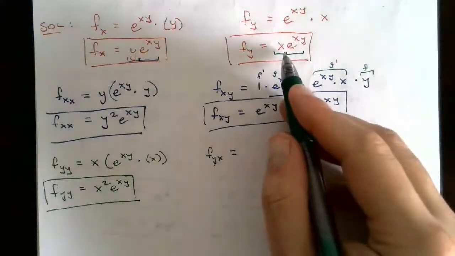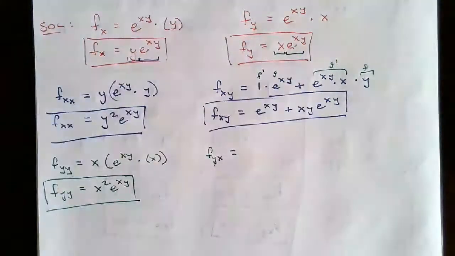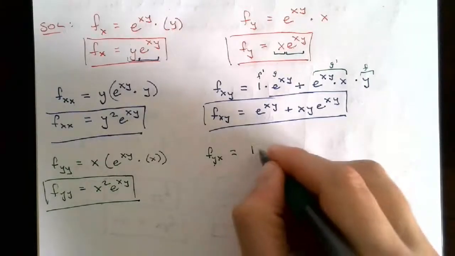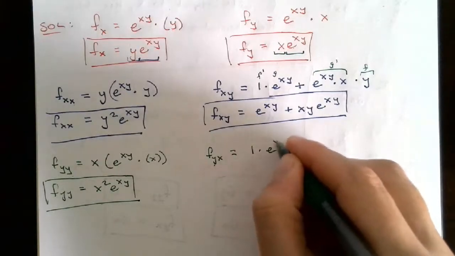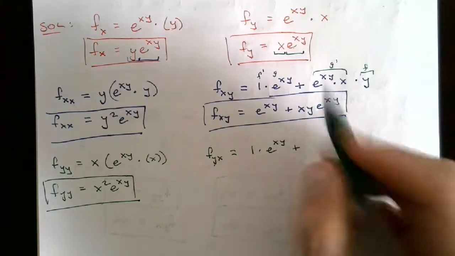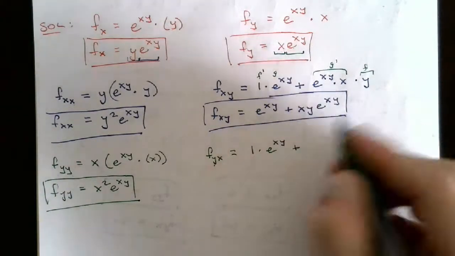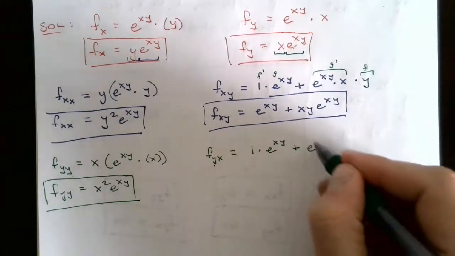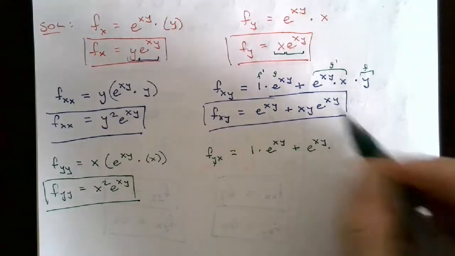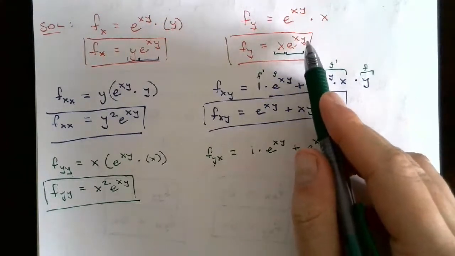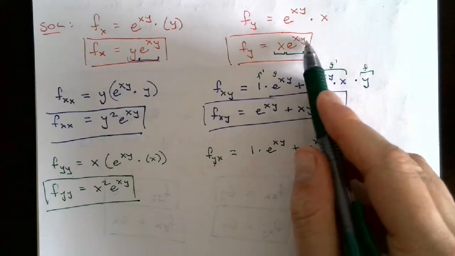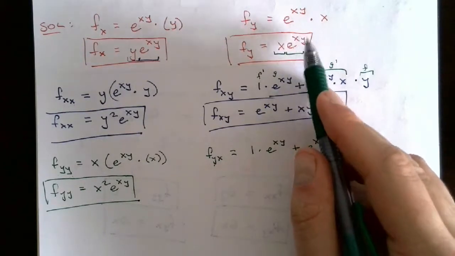So you have to use product rule, derivative of the first. So derivative of x with respect to x would be 1 times, you leave the second alone, so times e to the xy, plus the derivative of the second, well, that's e to the xy, you have to use a chain rule on it. So derivatives of e, write exactly what you see, times the derivative of the exponent with respect to x. The derivative of xy, x is a variable, y is a constant, so the y is going to stay.